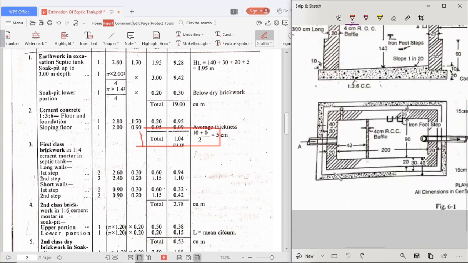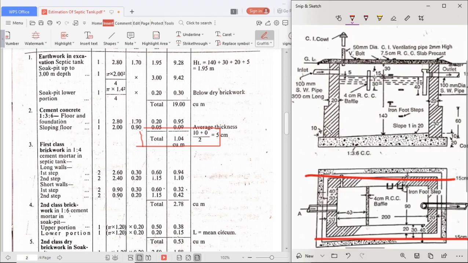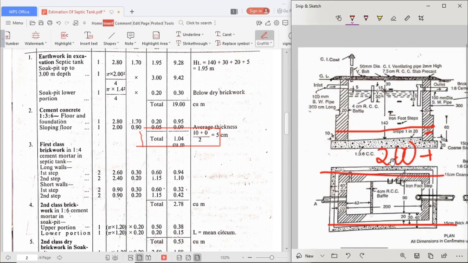So long walls, we have two long walls. This is one long wall, this is one long wall. See here, we have to take this distance. We know that the inner dimension is 200. The wall thickness is 30, they have given here. Plus 30, both sides 30, 30, we will get 2.60.